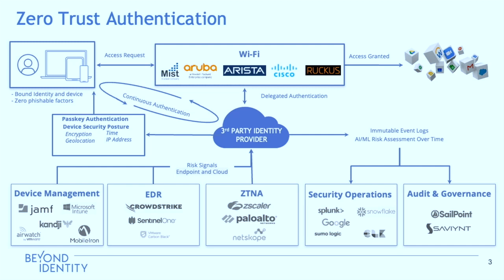Now, Beyond Identity, for instance, is responsible for achieving these principles laid out by the Zero Trust framework. So the device and the user connect to the Wi-Fi network. They do 802.1X-based mechanisms to achieve over-the-air encryption, or you can do OWE. So you've achieved that over-the-air encryption.